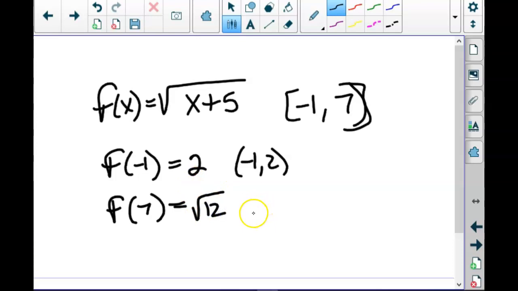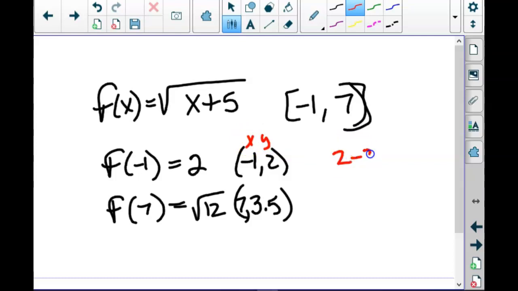Can anybody give me a decimal? Oh, I got it. Square root of 12. 3.5, 3.46. Let's just go with 3.5. Okay. 7, 3.5. Okay. What numbers do I subtract? Somebody help me. Yeah.